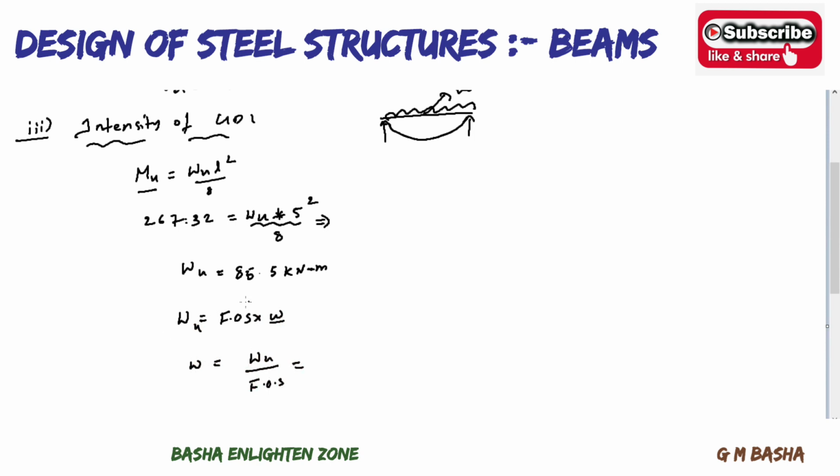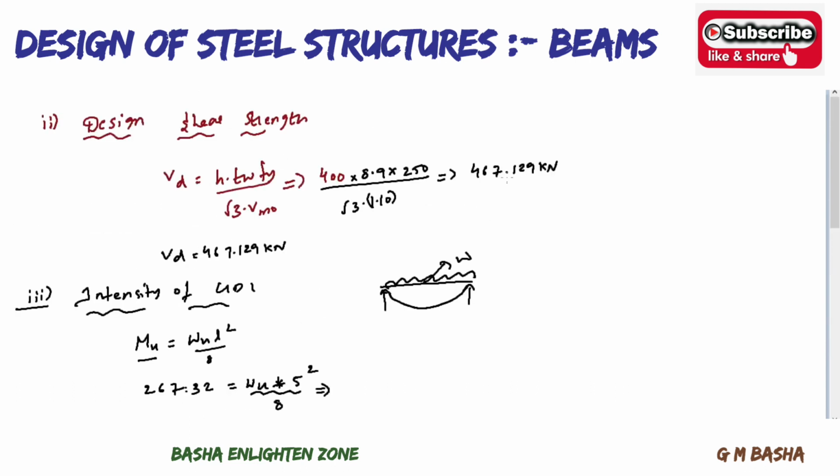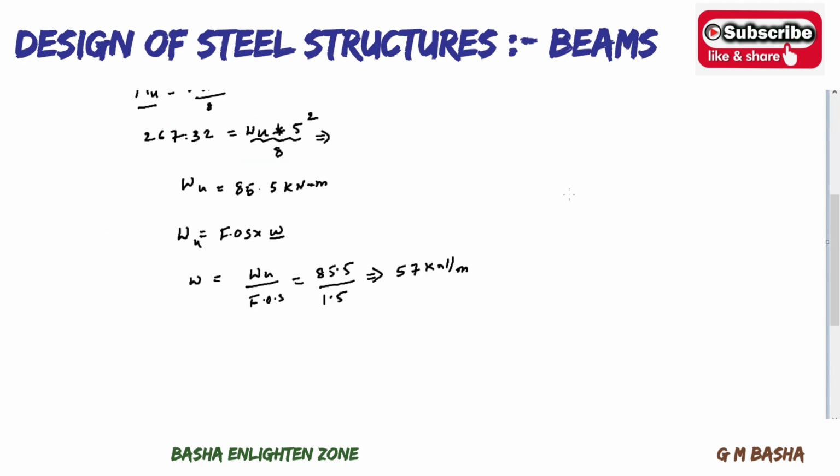Here Wu is 85.5, and the factor of safety taken generally for service conditions is 1.5. If you simplify, you will get 57.7 kilonewton per meter. So this is the intensity of UDL on a simply supported beam, which is w. That is your third point.